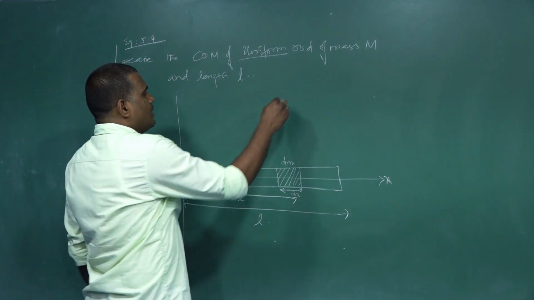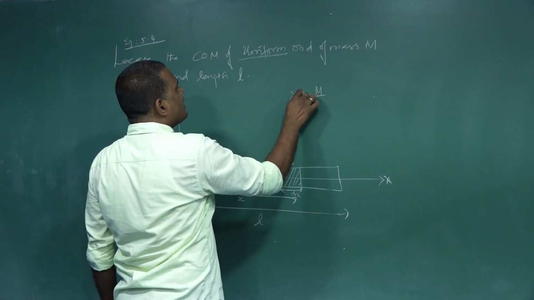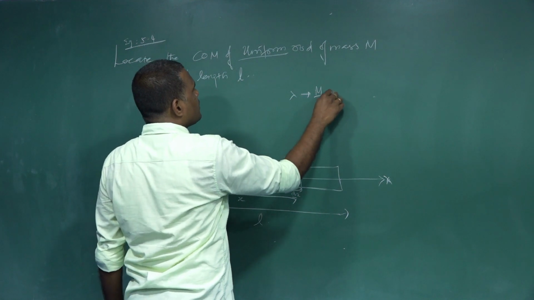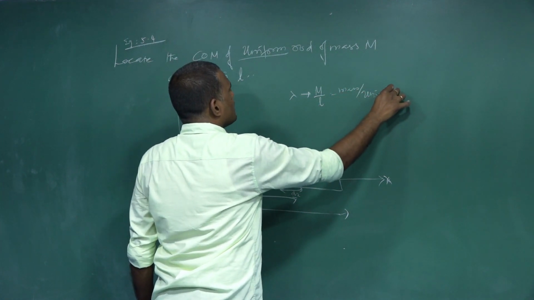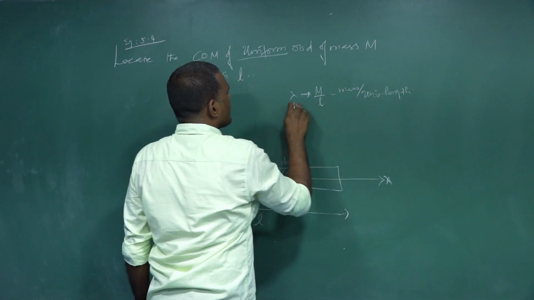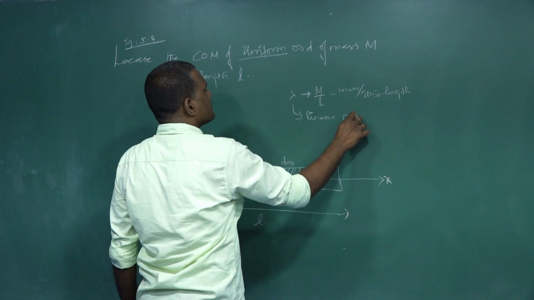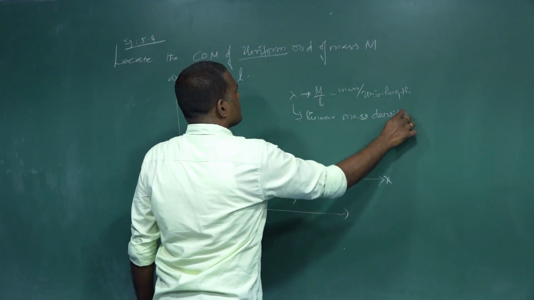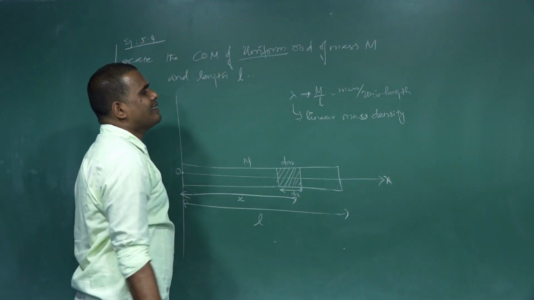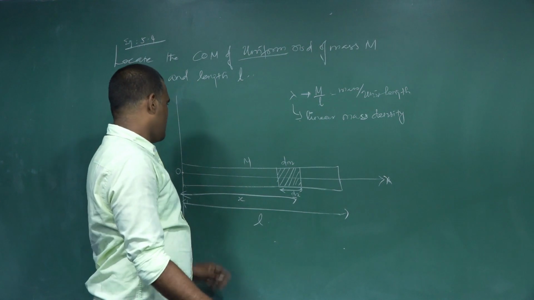Now, let us say lambda is the linear mass density, which is mass per unit length. We call it linear mass density. Lambda is the linear mass density, which is mass per unit length.